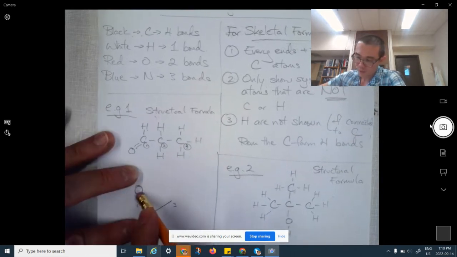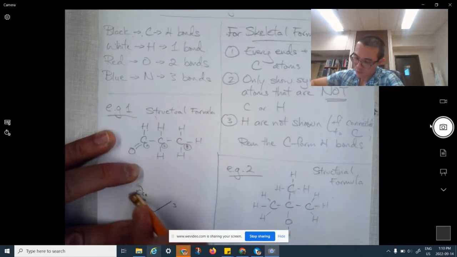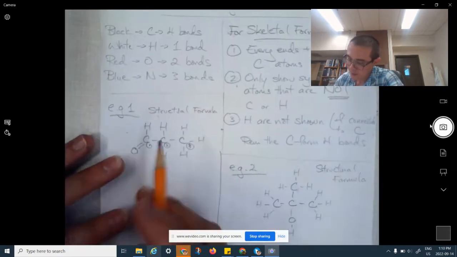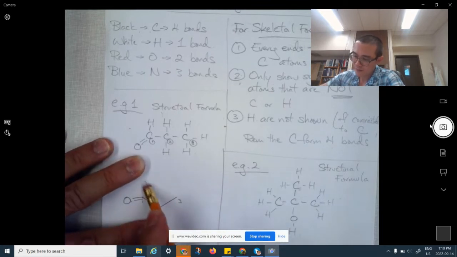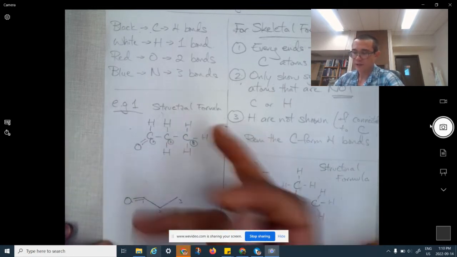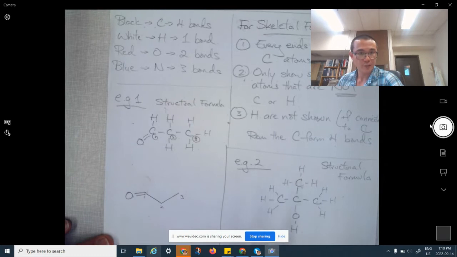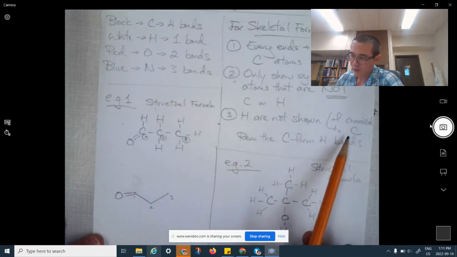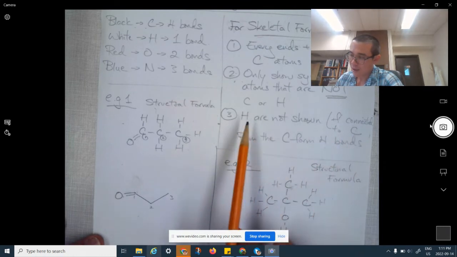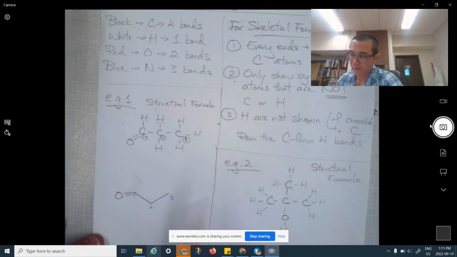You could draw it up like this, or if you want to keep the same orientation, you can draw it like this too. Either way will work. And hydrogens are not shown if they're connected to carbon.